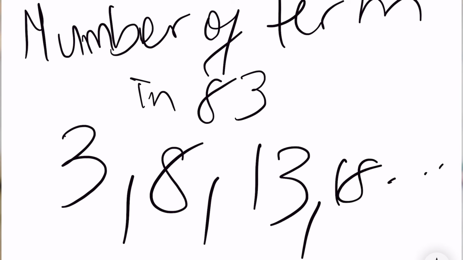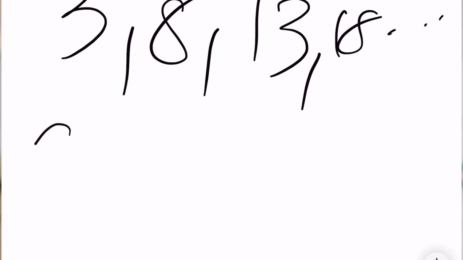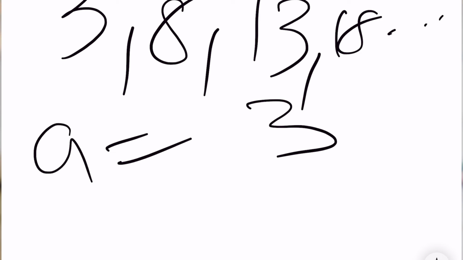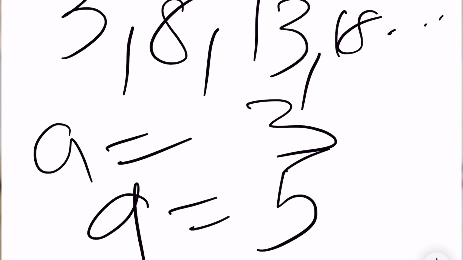Now 83 is the number of the term, that means you have to look for n. So our a is 3 here. Our d is 5 because it's increasing by 5. Our n is unknown, and our un is 83.